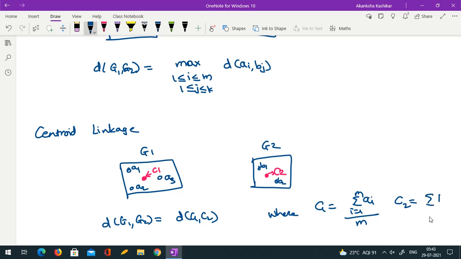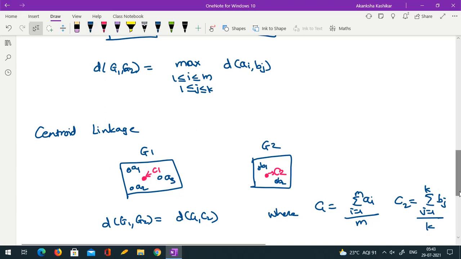Similarly here, this will be J going from 1 to K upon K. So you might have realized that centroid linkage cannot be used if you have categorical data, especially nominal categorical data, because you can't compute average over there. And so this is known as centroid linkage.